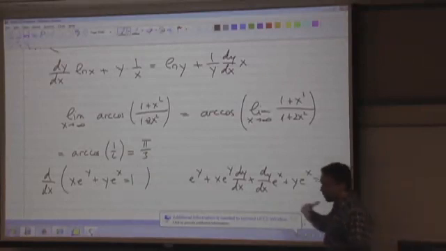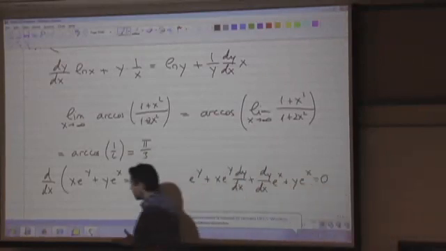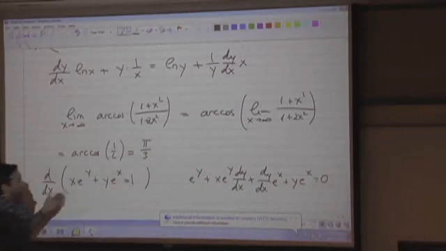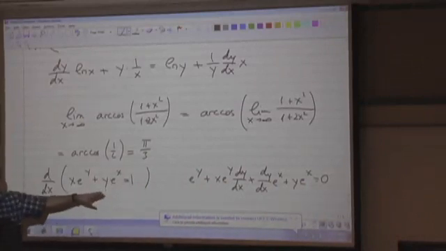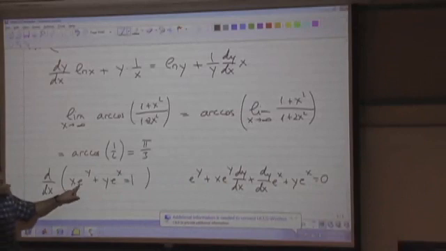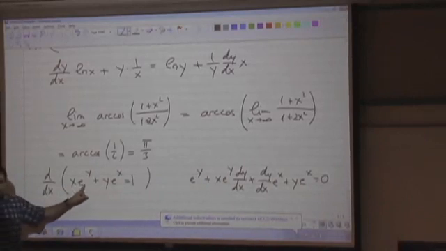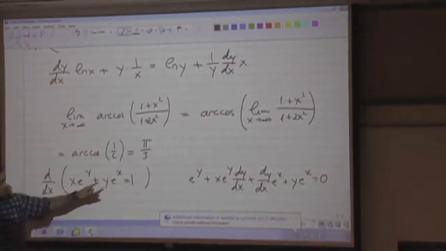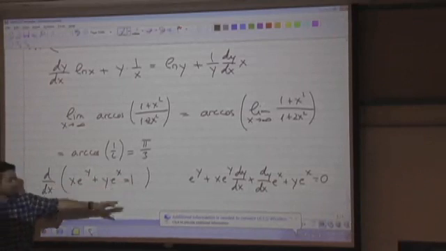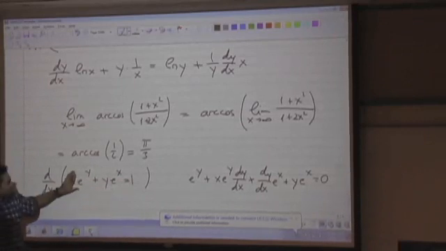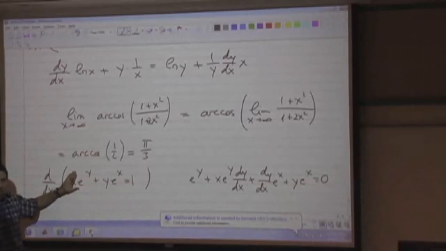Implicit differentiation. Take derivatives both sides with respect to x. Obviously the right hand side is 0, so we don't have to worry about that. Product of functions: x times e to the y. Derivative of the first times the second, plus the derivative of the second, which is e to the y times y prime, times x.